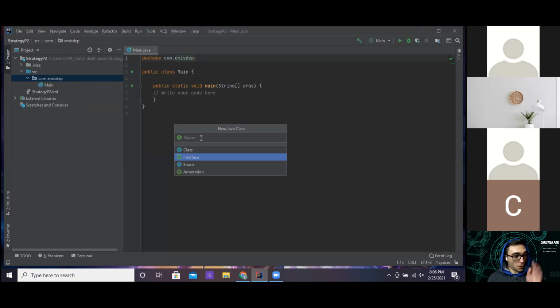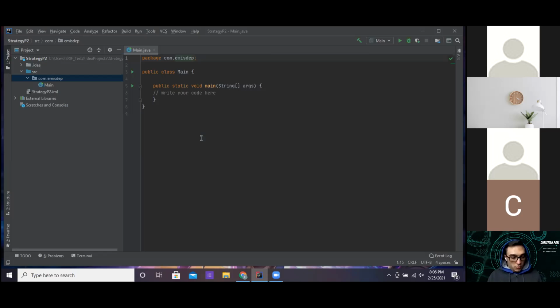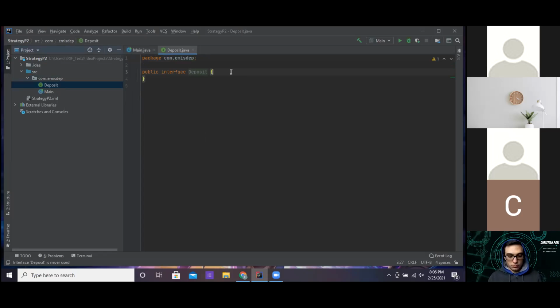Okay. So since it's going to be a bank, I'm planning on just making a deposit interface and having a checking account and a saving account and implementing that. So it's just going to be a simple public void deposit money and int amount.